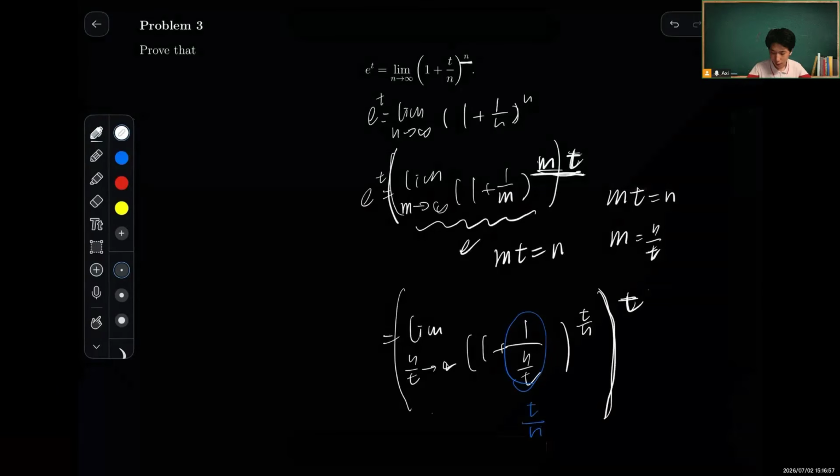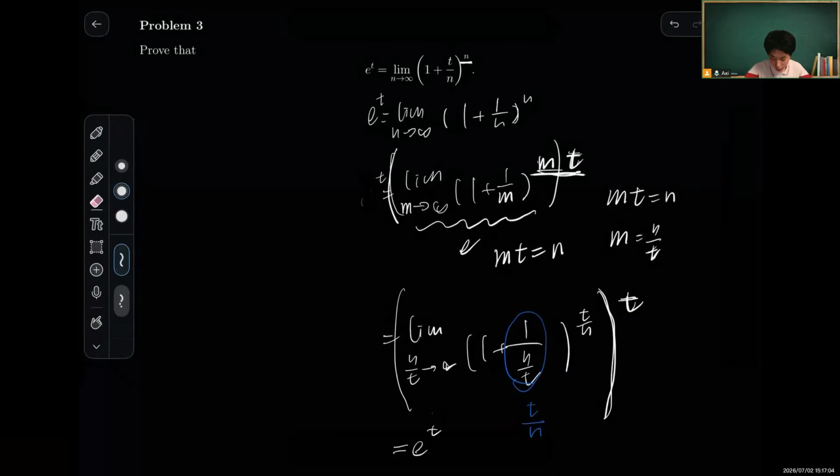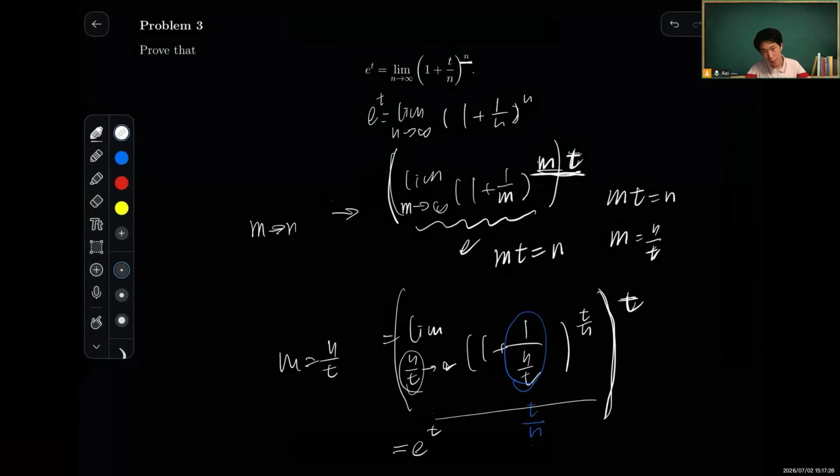And as we already know, this is in fact equal to e to the t. So of course here we can't claim it is equal to e to the t yet, but after some manipulation to this formula by substituting m into n, and then plugging in m equals n over t, we obtain the target equation. Because this equation in the middle, even though it doesn't look the same, it is still the same thing because we're taking the limit. Infinity divided by a constant value, of course, is still infinite. So we have proven it is in fact e to the t.